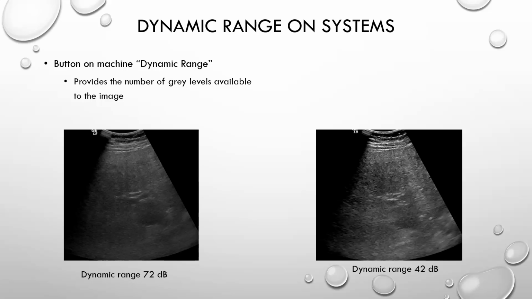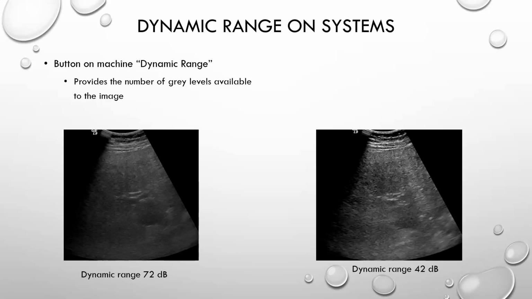On our machines we have a button called dynamic range, and what it does is it provides the number of gray levels available to the image. And so if we have a dynamic range of 72, which is the normal setting for most of our images, we see a lot of different shades of gray at that level. If we turn that down to 42, we don't see as many shades of gray, but we get a sharper image.